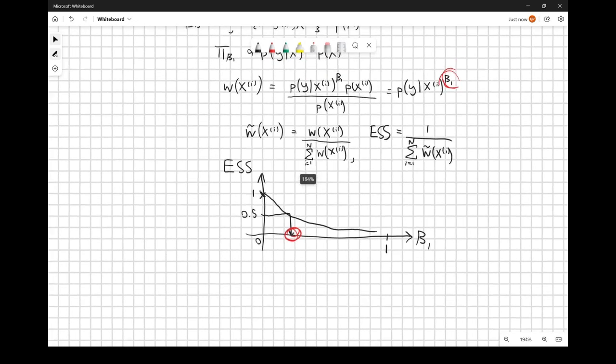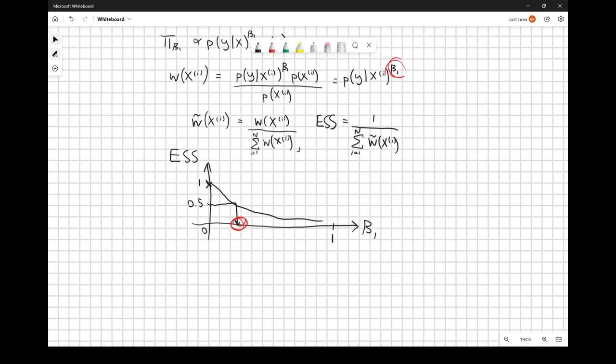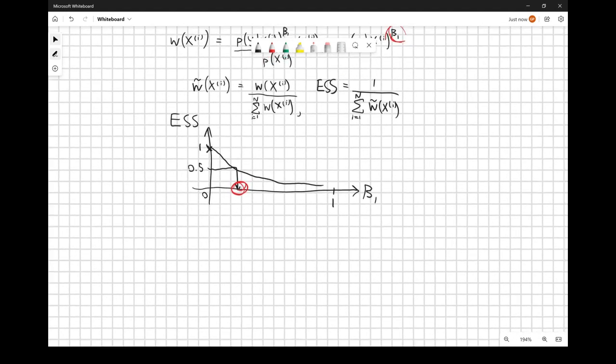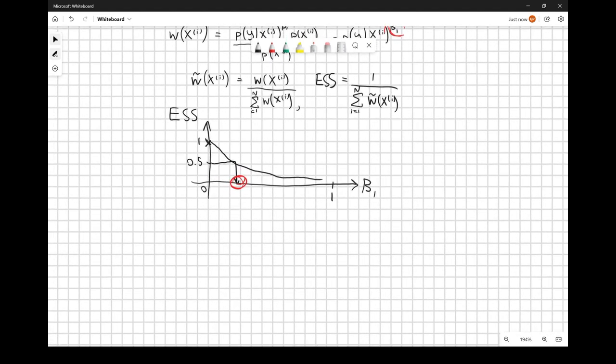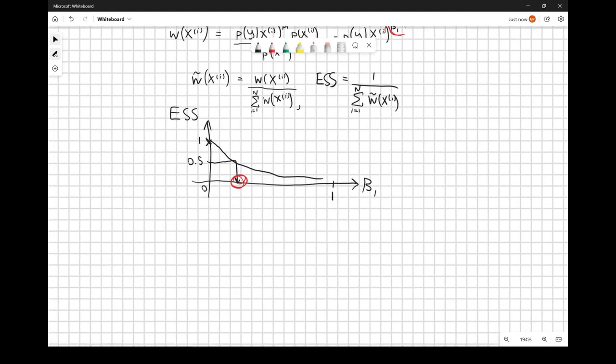And so in that way, using this threshold on the effective sample size, we've been able to choose what beta 1 should be. And therefore, that's the first step in our adaptive annealing schedule.